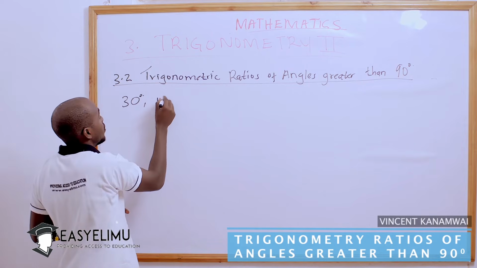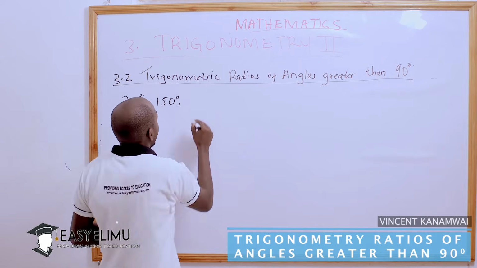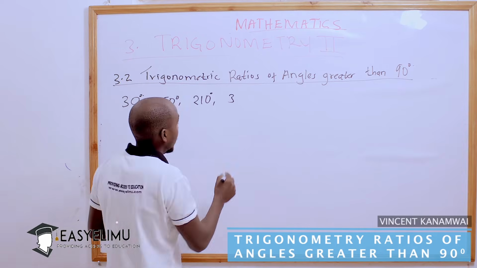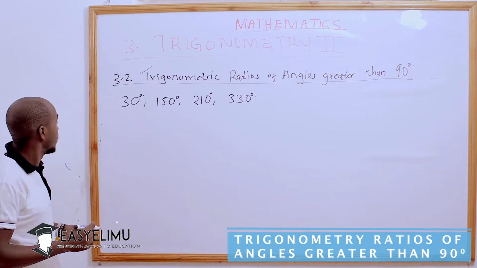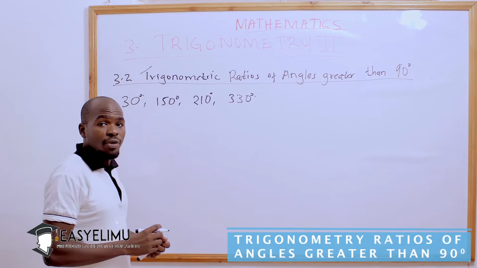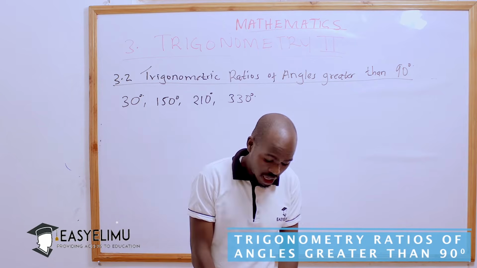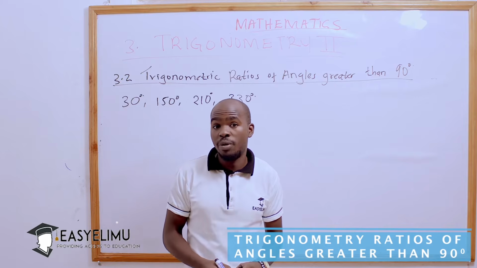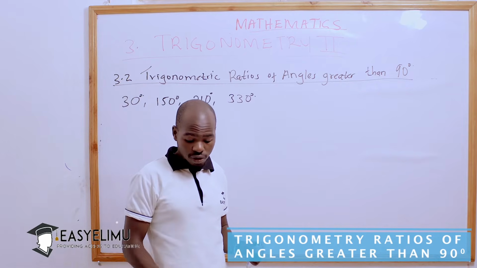We may have 150 degrees, another one like 210, and 330 degrees. Having these kinds of angles, we may require to find them on a unit circle, or use a calculator, or use a mathematical table.